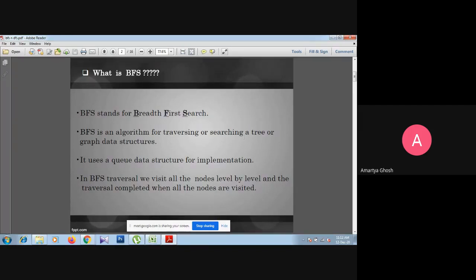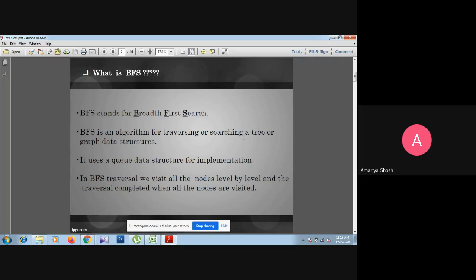So it does not matter where to start. If you start from A or someone else starts from D, obviously the sequence of traversing will change, but that does not matter. Anywhere in the graph you can start, and you have to visit all the nodes according to the rule that comes from the data structure you implement.